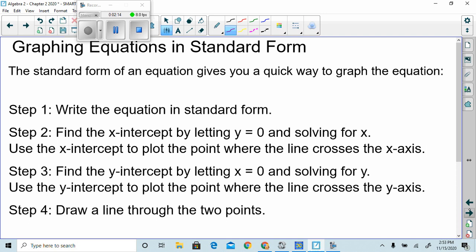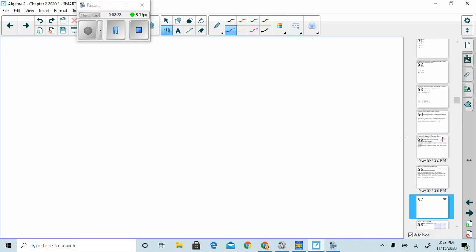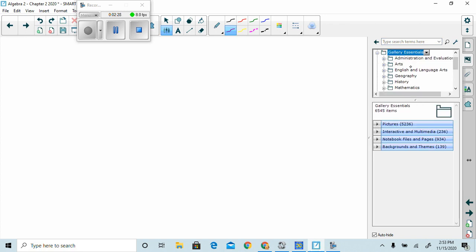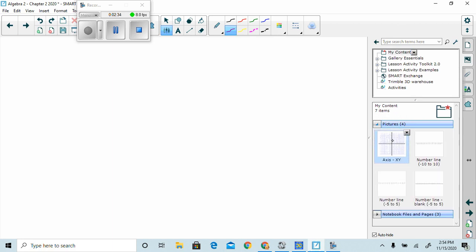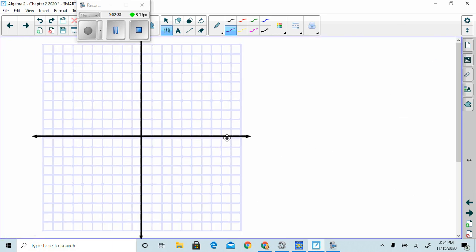Now, before we even get to that, let me just demonstrate what it looks like without having to change or look for anything. Let me pull up a graph, and let's look at this in a simpler form first. Okay, so here's my coordinate plane.